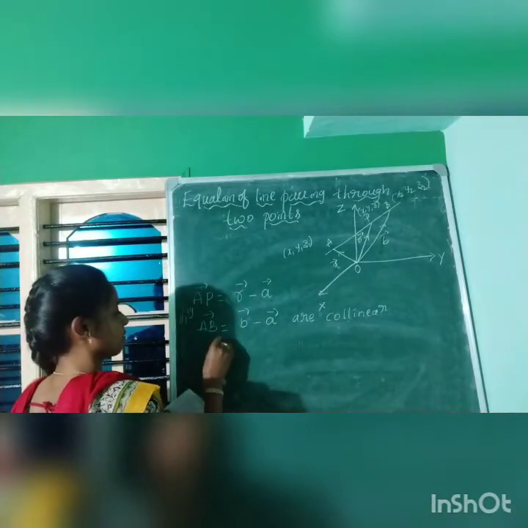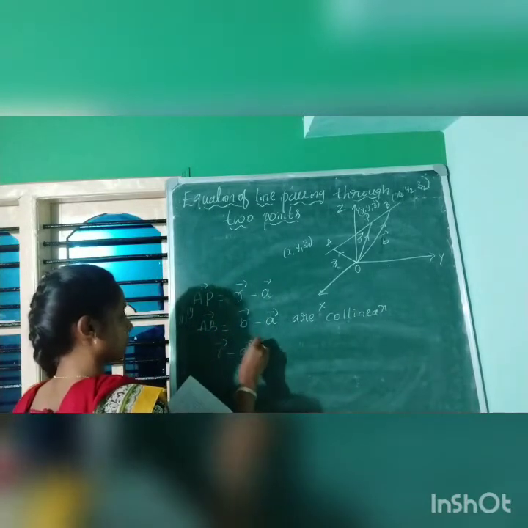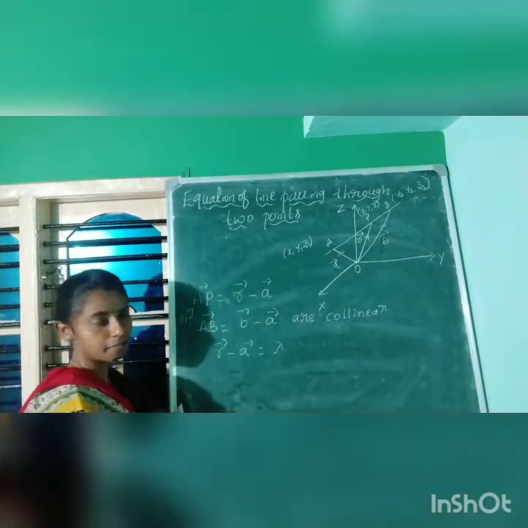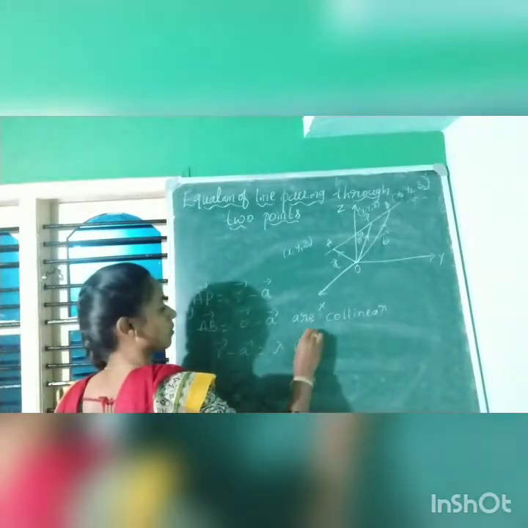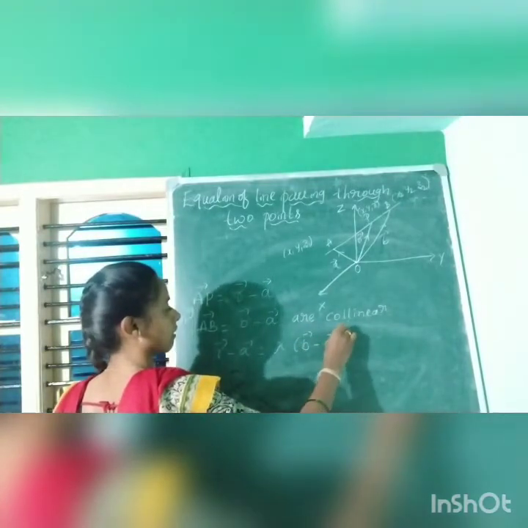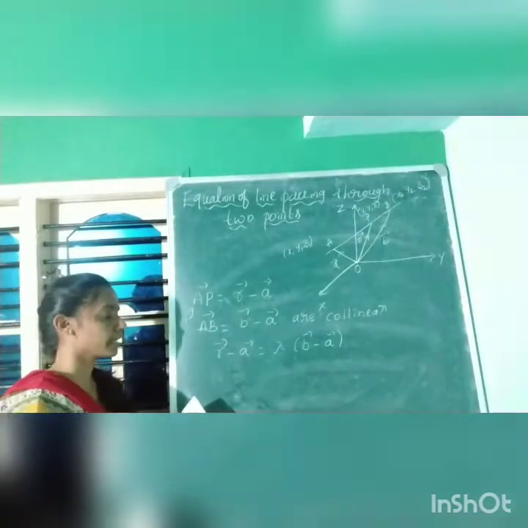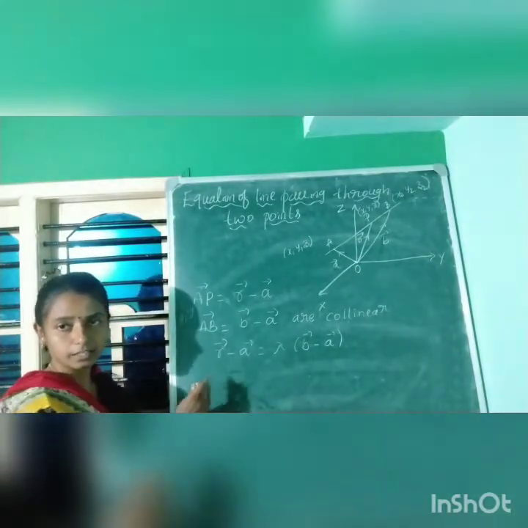So I can write this as vector r minus vector a, which is equal to some constant lambda times vector b minus vector a. If I simplify this more, I can keep the position vector r here only.